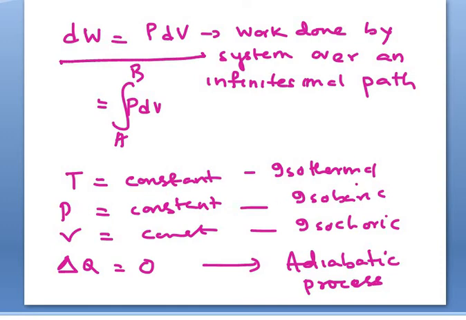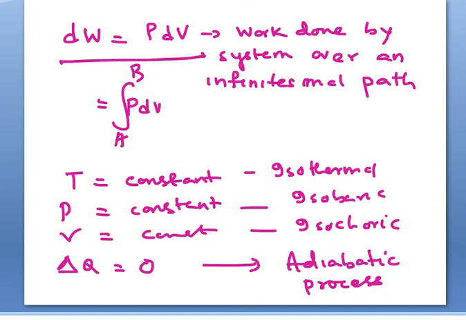When P is constant, it is an isobaric case. Suppose the heat involved is 0, that is, the system is not taking any heat from the surroundings, you are not supplying any heat. Such a process is known as an adiabatic process.